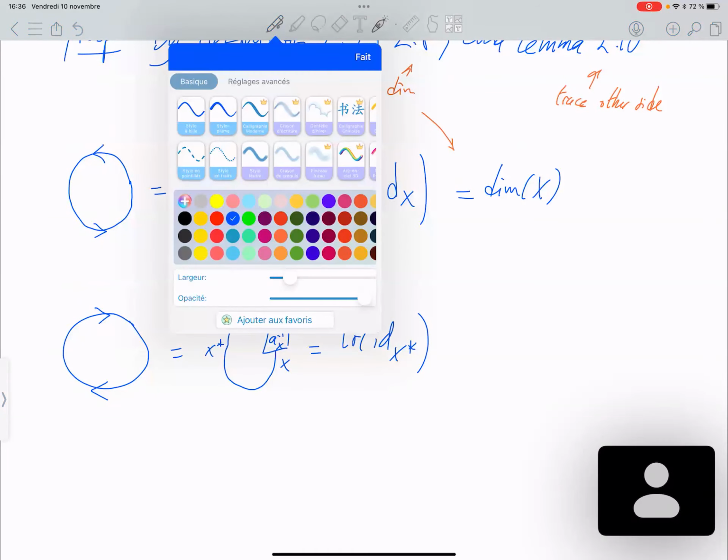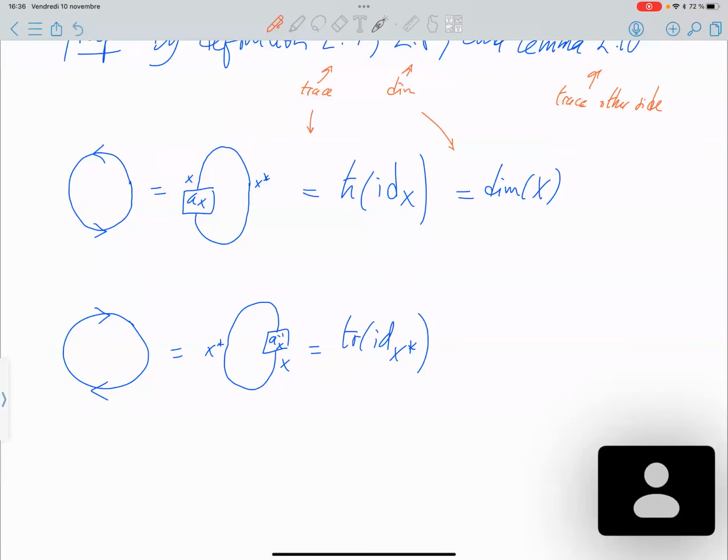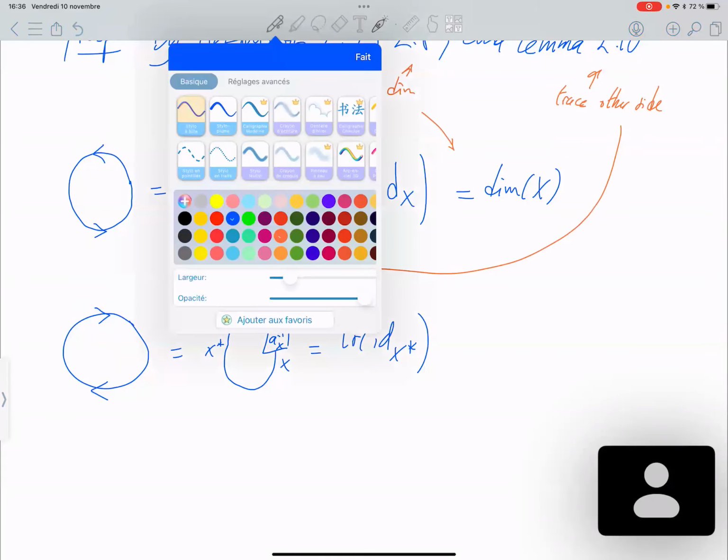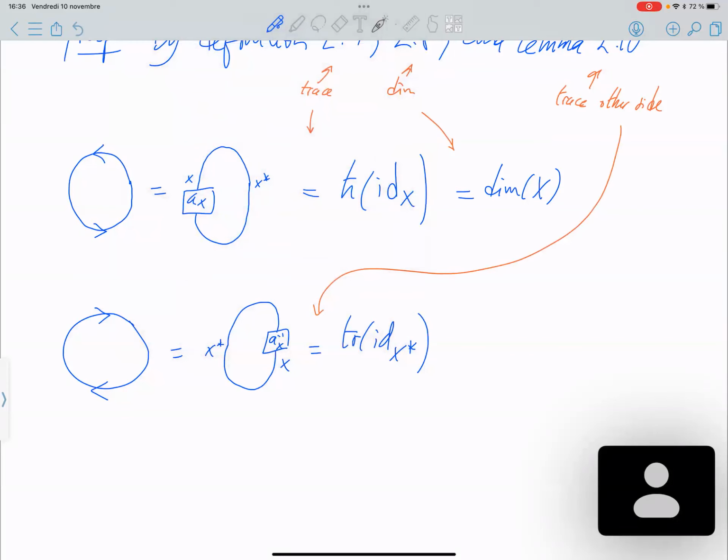So using this lemma. And this is the trace of identity.